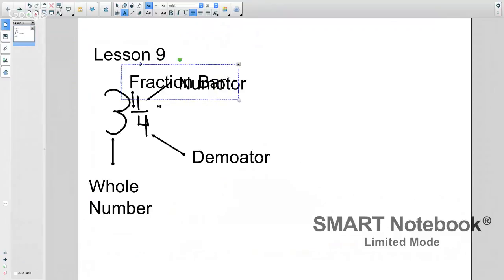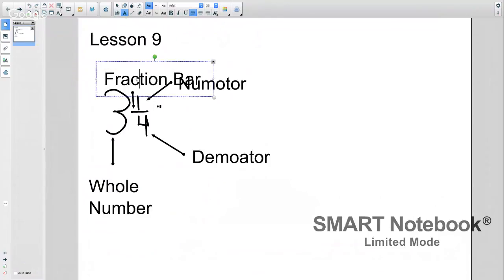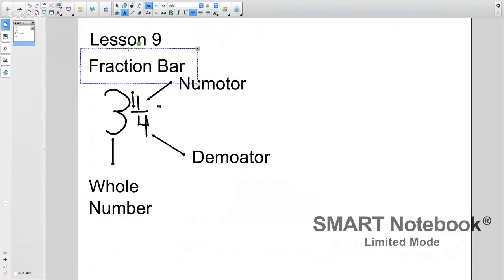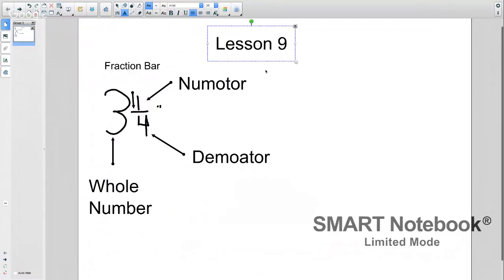You can see lesson 9. You don't have to move your lesson 9, but I'm going to put my lesson 9.